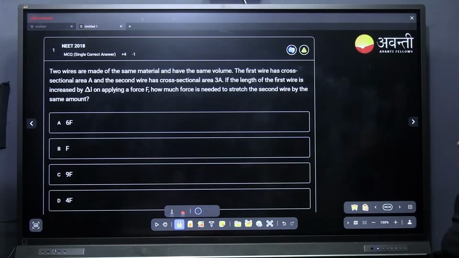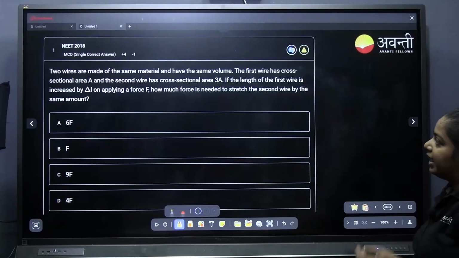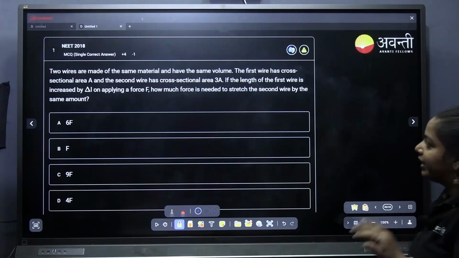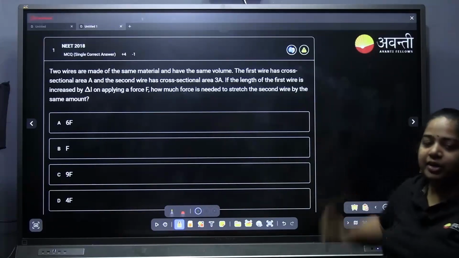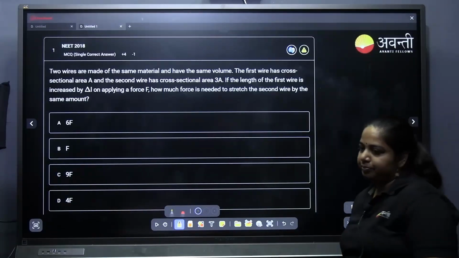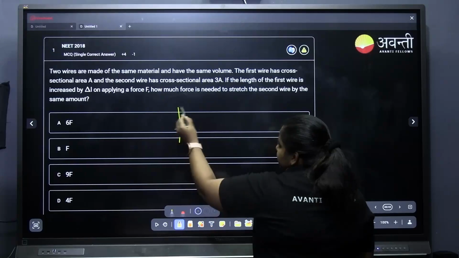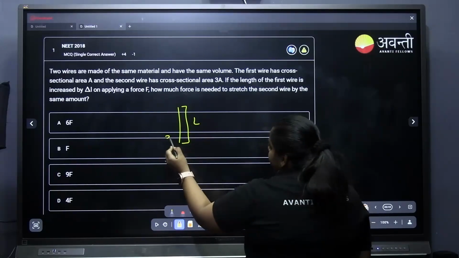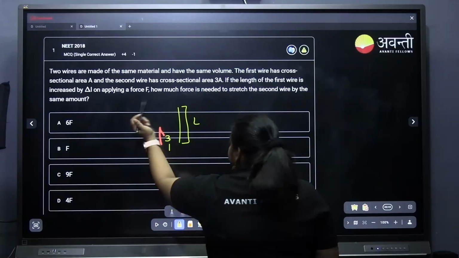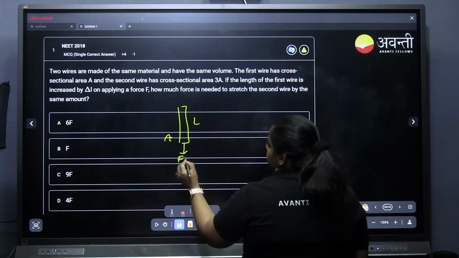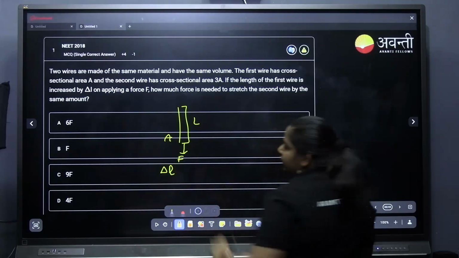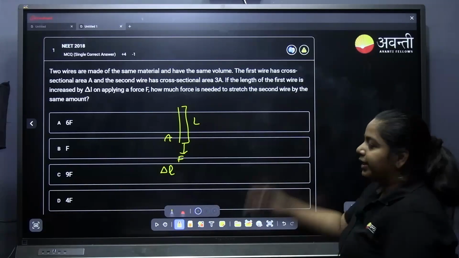Two wires are made of the same material and have the same volume. The first wire has cross-sectional area A and the second wire has cross-sectional area 3A. If the length of the first wire is increased by delta L by applying force F, how much force do we have to use for the second wire to have the same delta L? So the first wire has length L, area of cross section A, applying force F, it created delta L elongation.